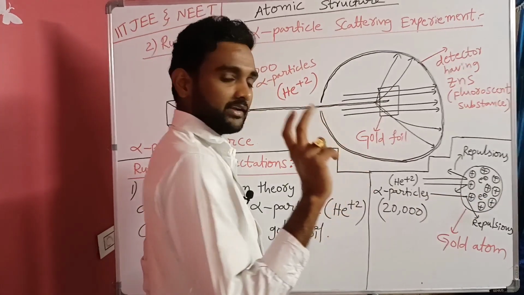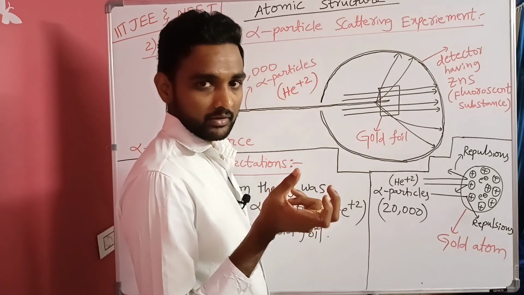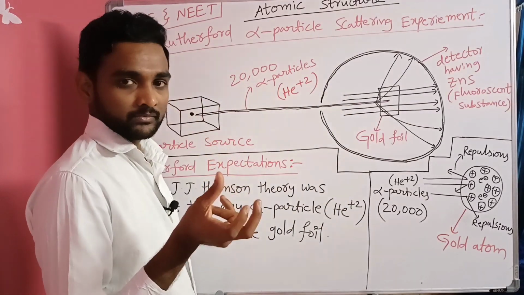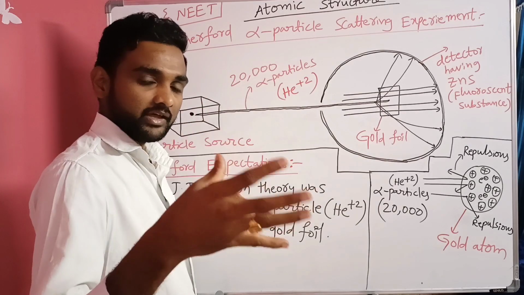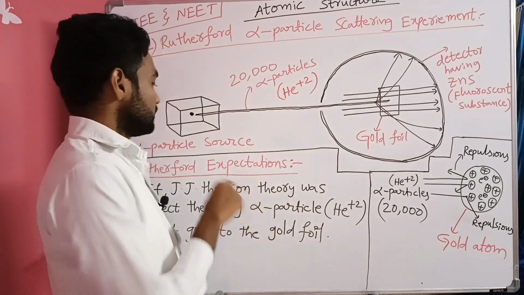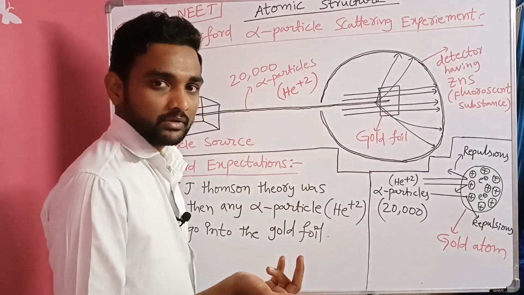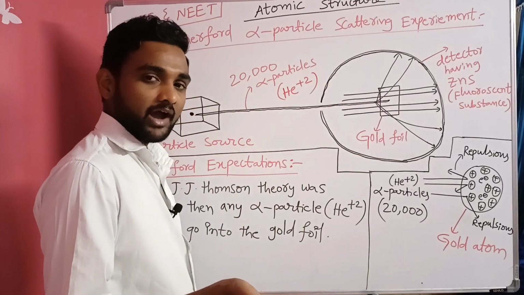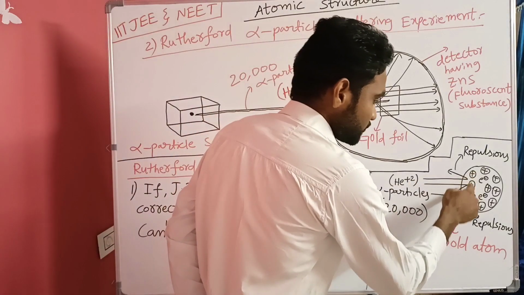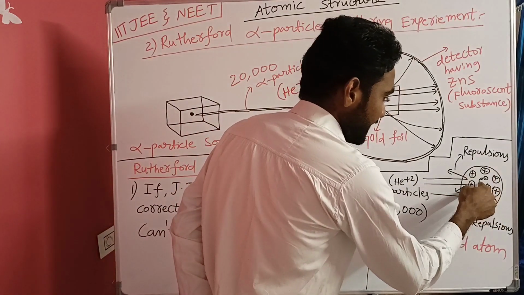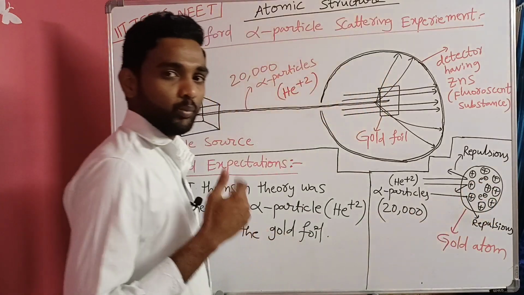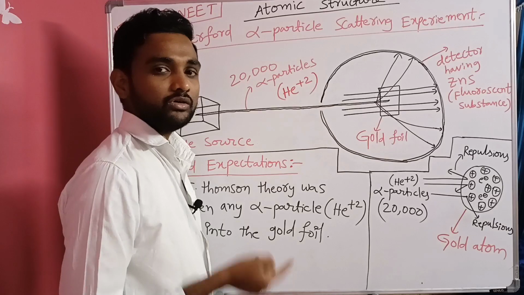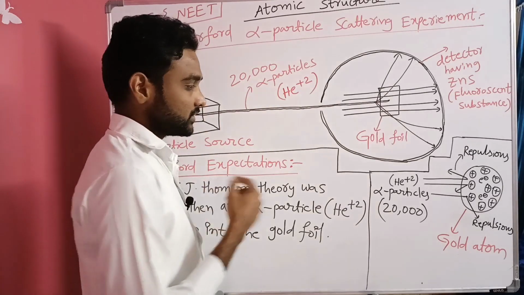Inside the gold foil, gold atoms will be there. Not only gold, inside any matter, atoms will be there. In the universe, however many atoms there are, J J Thomson's theory is applicable to all. According to Thomson, all atoms have more positive charges and fewer negative charges, more protons and fewer electrons.